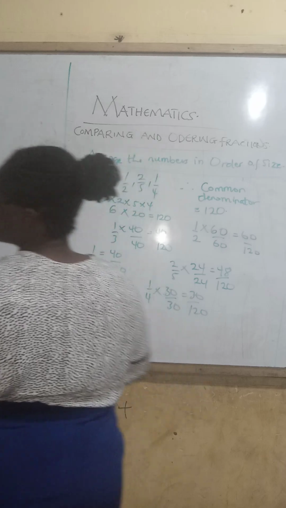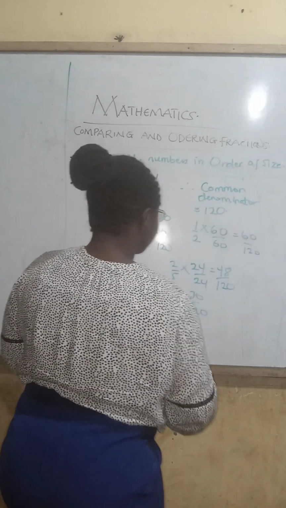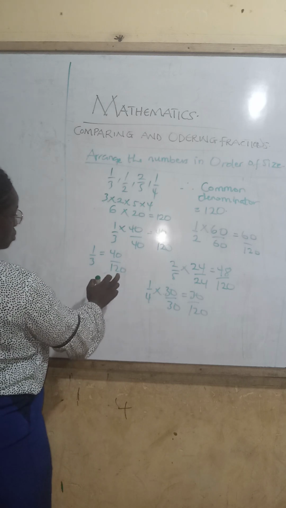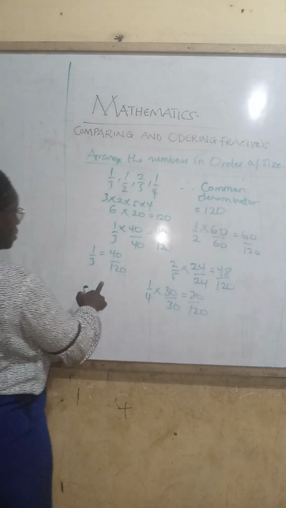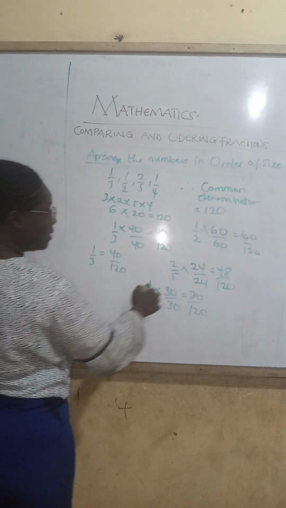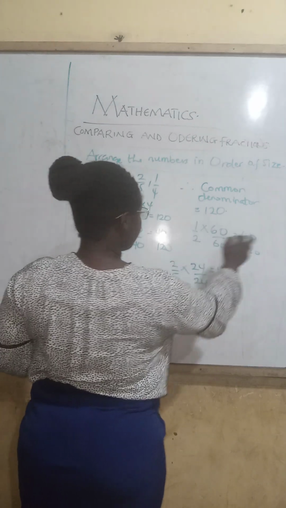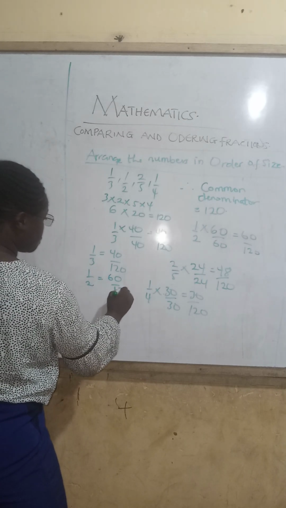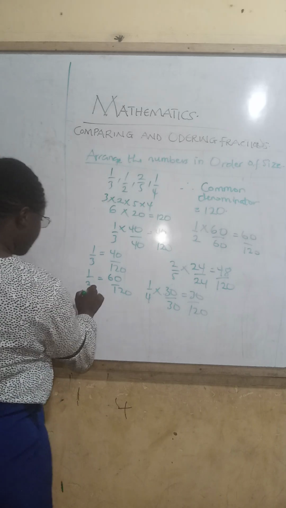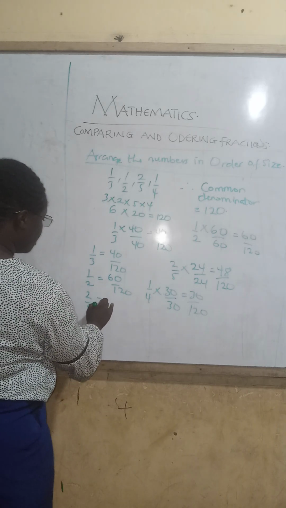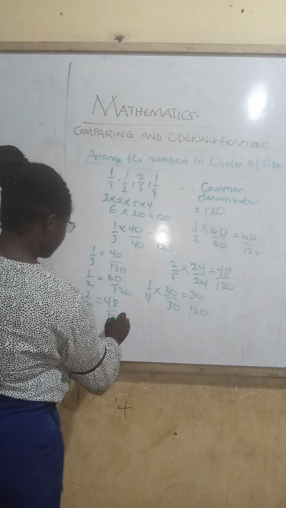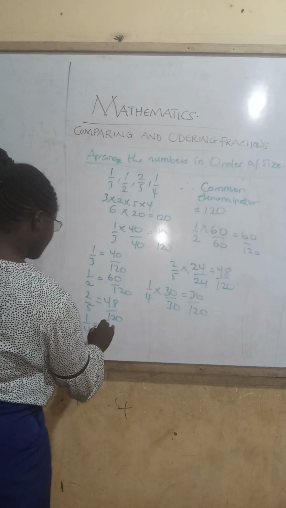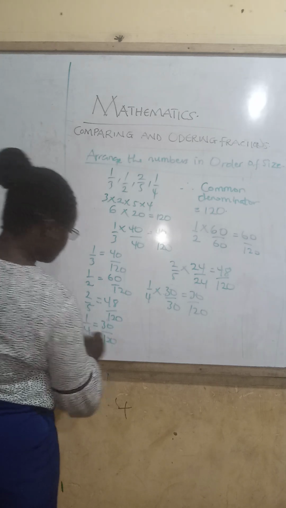So we now have 1 out of 3 is equivalent to 40 out of 120. 1 out of 2 is equivalent to 60 out of 120. 2 out of 5 is equivalent to 48 out of 120. 1 out of 4 is equivalent to 30 out of 120.